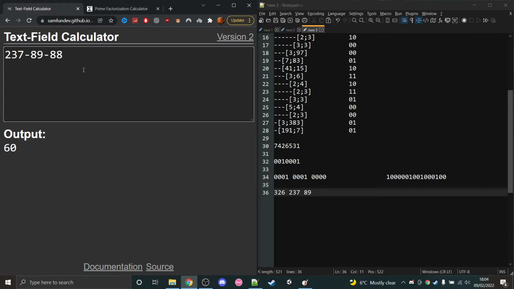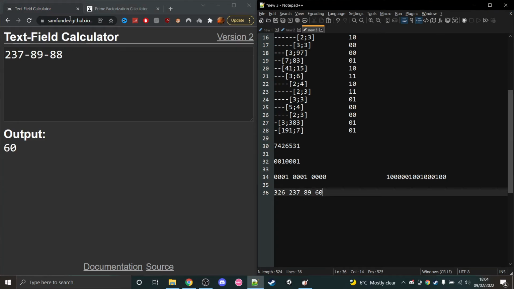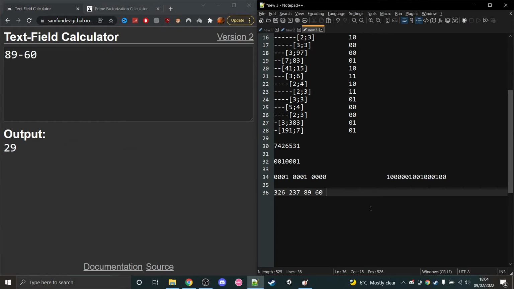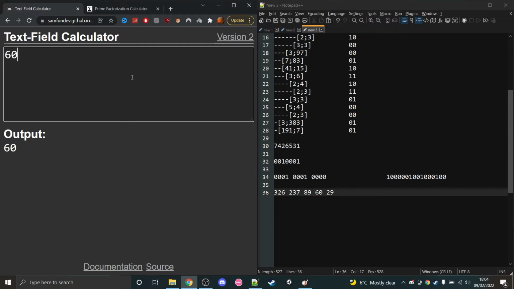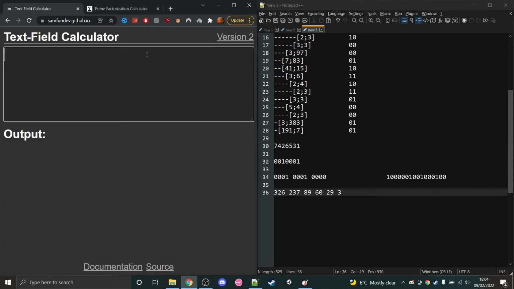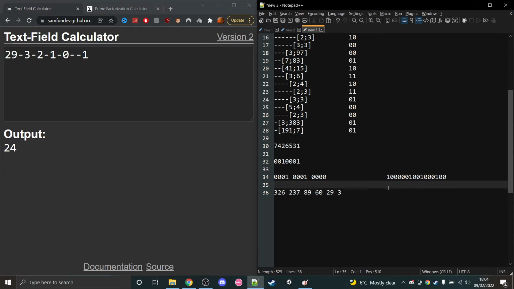So we subtract 88 from this and we get 60. Then we do 89 minus 60 is 29. Then we do 60 minus 29 is 31. Subtract 28 is 3. And 29 minus 3, minus 2, minus 1, minus 0, minus negative 1. We're never going to reach 0. So what we're just going to do is put 0 on the end.